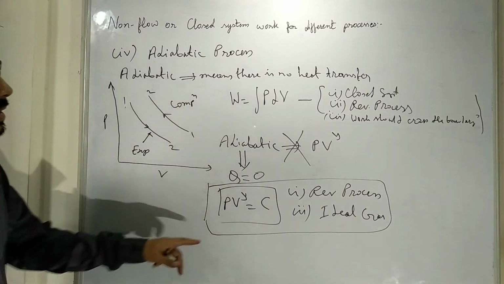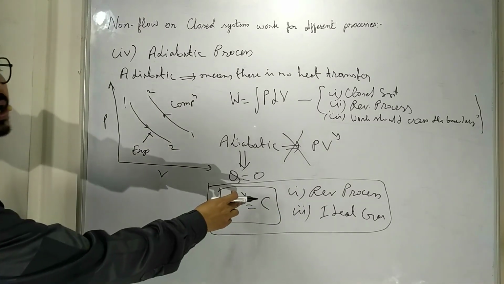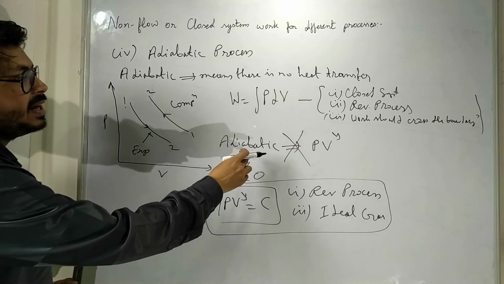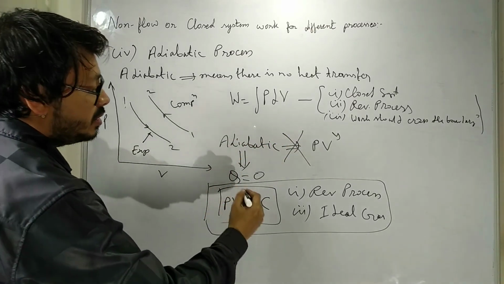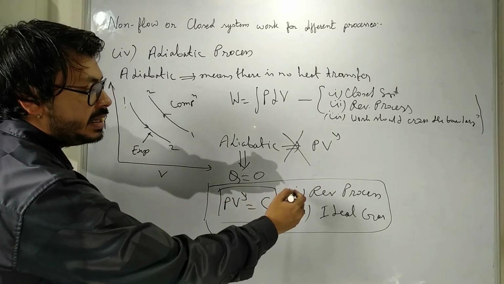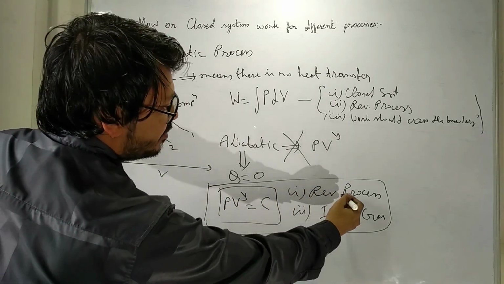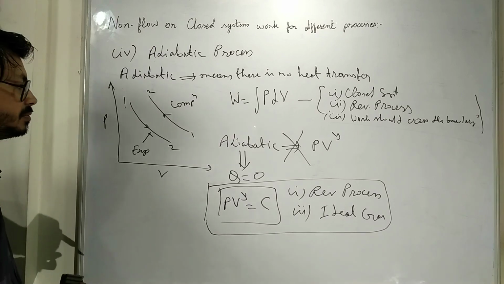If we fulfill these two conditions, then only we can write PV to the gamma equals constant. We cannot directly say adiabatic means PV to the gamma constant. We can write this equation only if and only if it is a reversible process and an ideal gas equation.